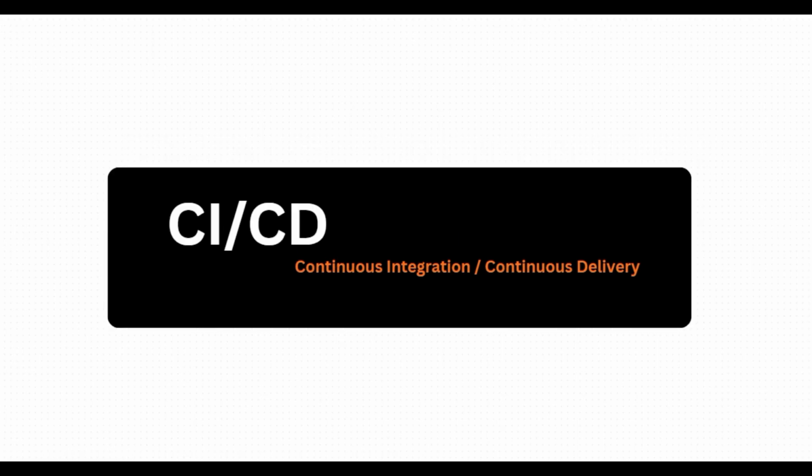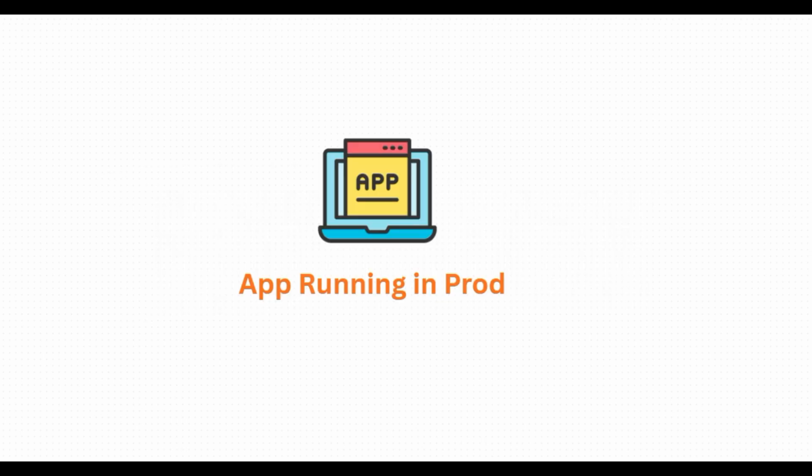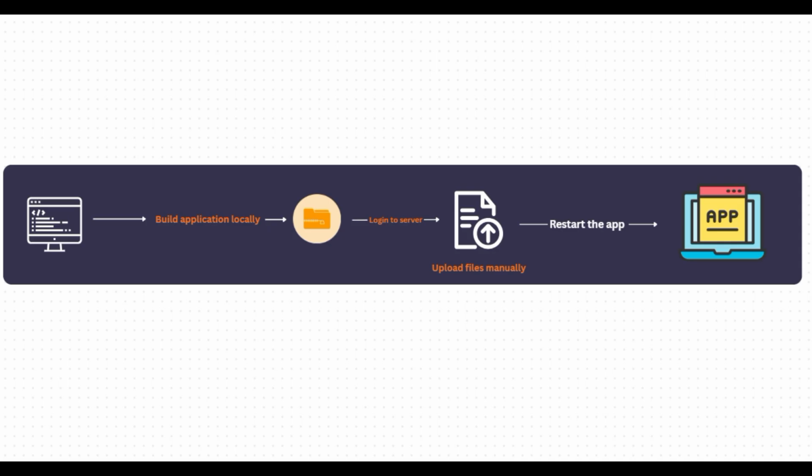So before we understand what CI/CD is, let's look at the scenario where CI/CD does not exist. Imagine our application is already running in production and you need to deploy a feature or a bug fix. Traditionally, the process looks something like this. First, a developer writes the code on their local machine.